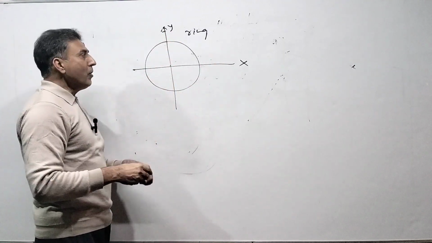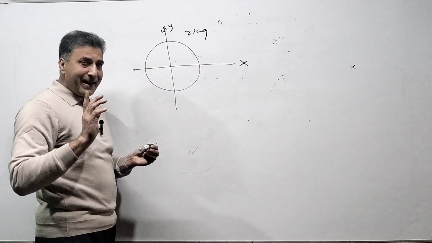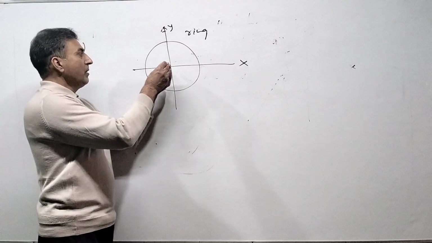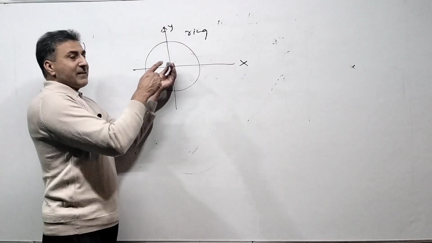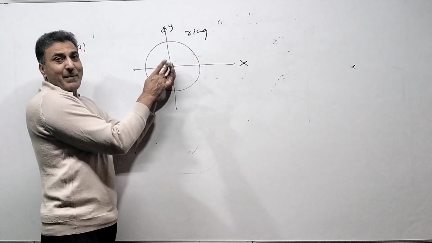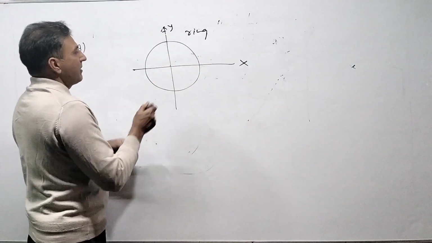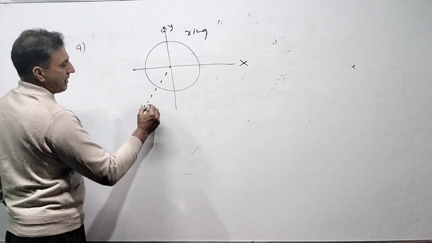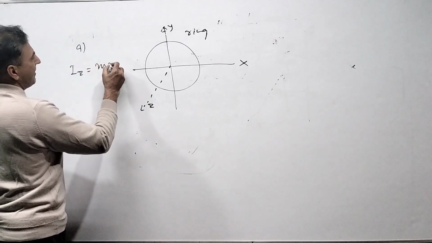We know the moment of inertia about the center of mass axis that is perpendicular to the plane of the ring, along the z-axis. About this axis you know the answer, not about the others. So Iz, you know, that is mr square.